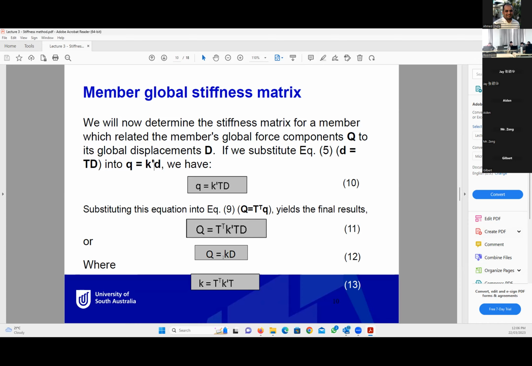Or we can write it in the form Q capital equal to K times D, where K is T transpose times K dash times T. So K is the stiffness matrix in global system. K dash is the stiffness matrix in local system. T transpose is the transformation matrix transpose. T is the transformation matrix as we learned from the previous slide.